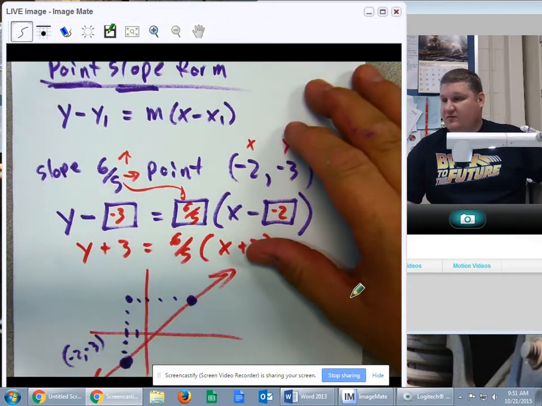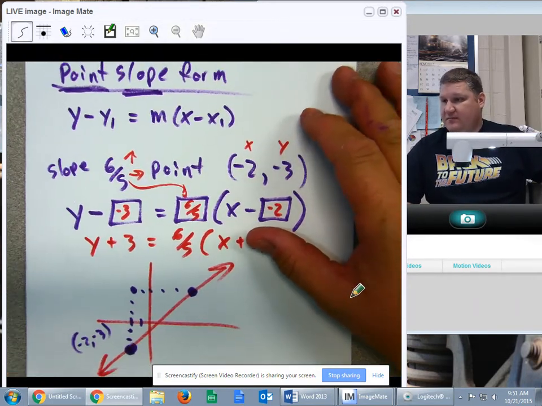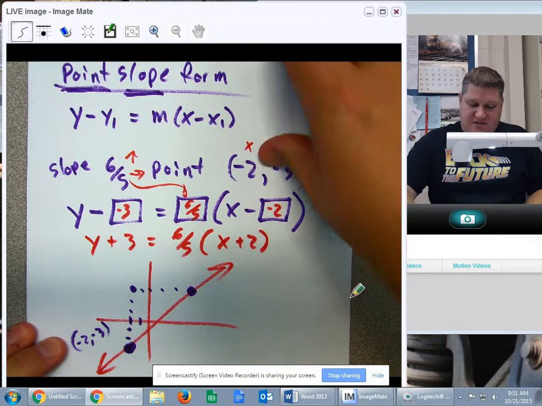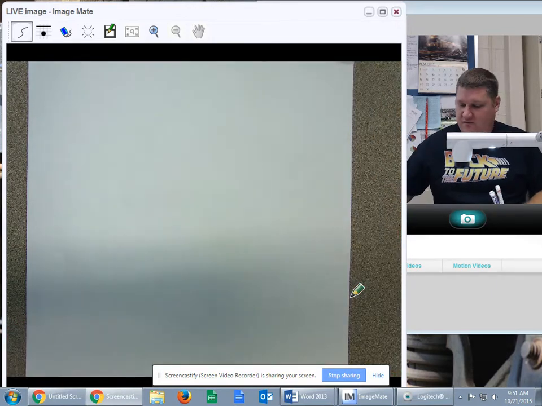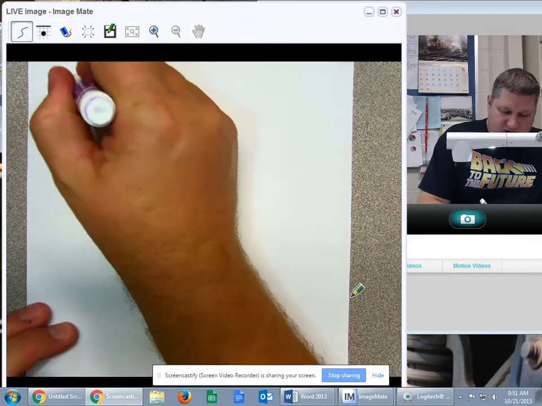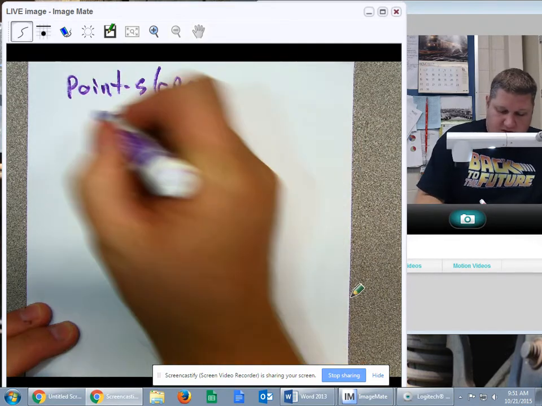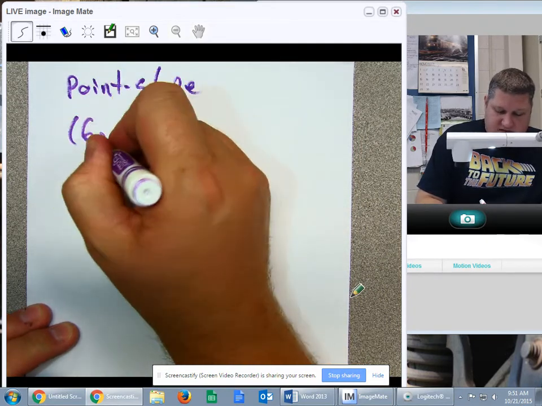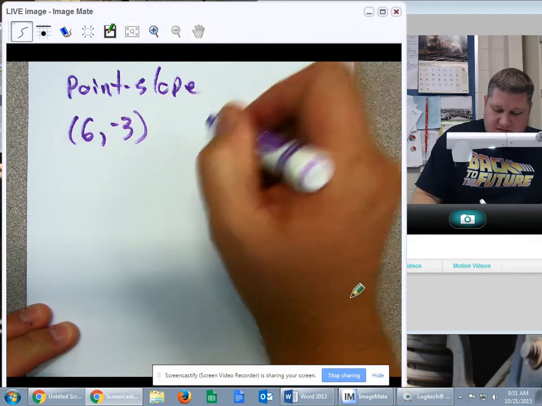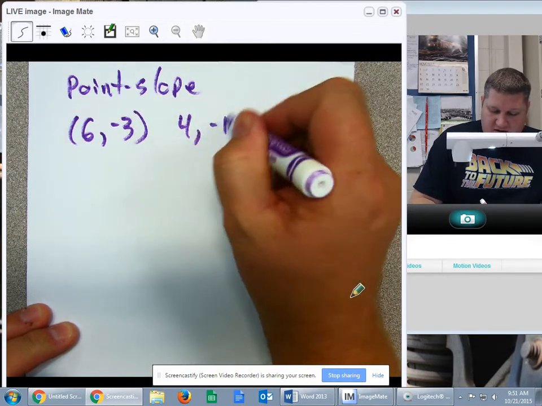So, having used point slope form here, let's go ahead and do a different example of point slope form. In this case, I'm going to actually give you 2 points, 6 comma -3 and 4 comma -1.